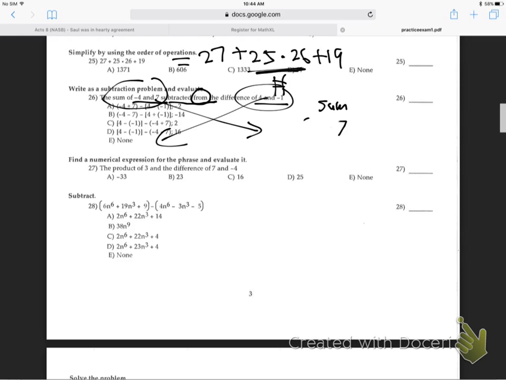So I've got to swap the order. So the -4 plus 7 has got to be in the back, subtracted from what? What's the other one? Difference of 4 and -1. Yeah, that's tricky. There's a lot of little booby traps in there.